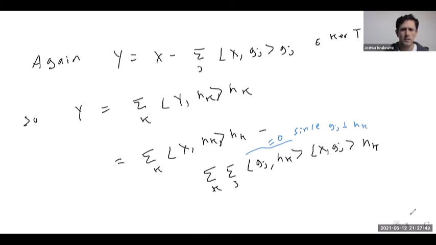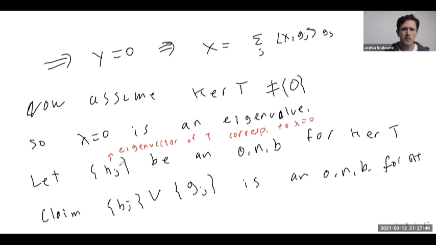Why? T is self-adjoint. This is an eigenvector of T corresponding to lambda equals 0. This is an eigenvector of T corresponding to lambda j is not 0. Okay, and the reason why these are eigenvectors of T corresponding to lambda j not equal to 0 is because we stopped before we got any 0 eigenvalues.